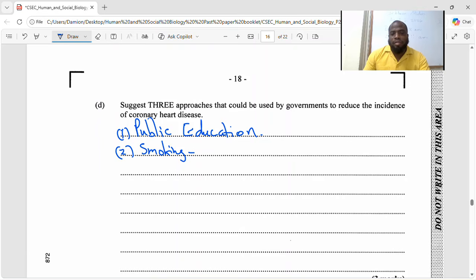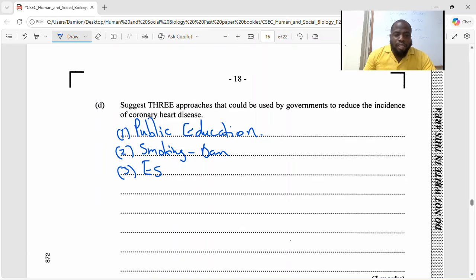What the government can sometimes do as well is to increase the tax on cigarettes and other smoking items. This will deter persons from buying and utilizing it. So public education, banning smoking in public spaces, and that will limit it.